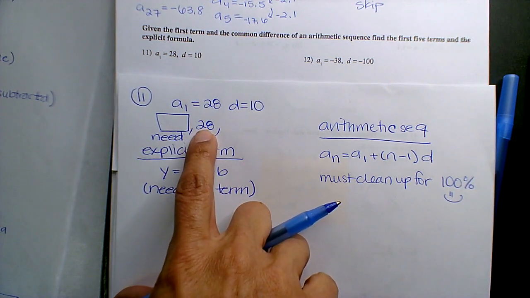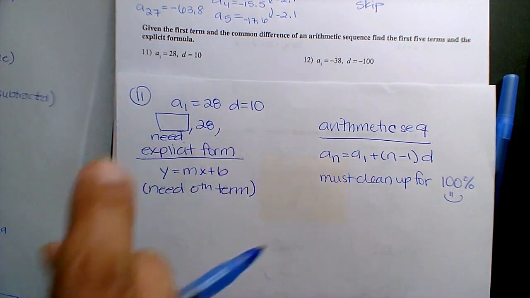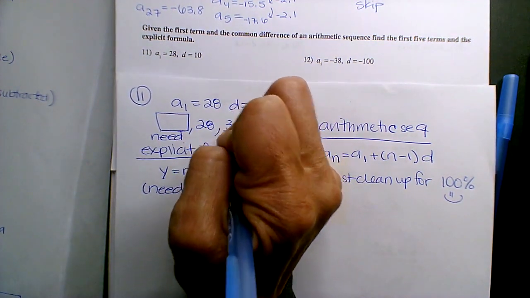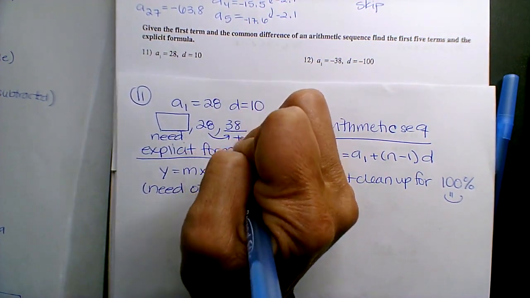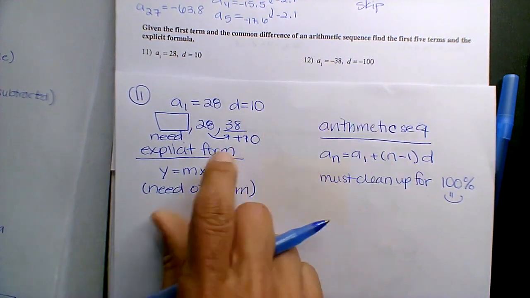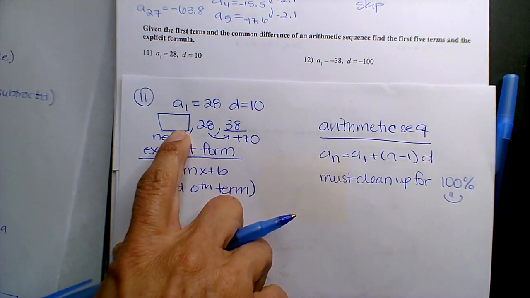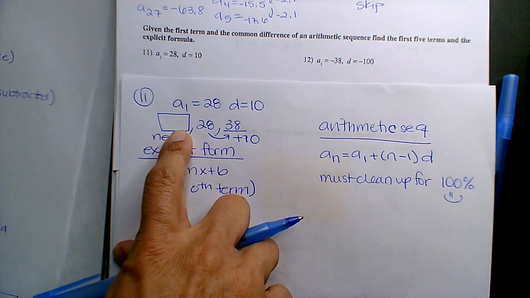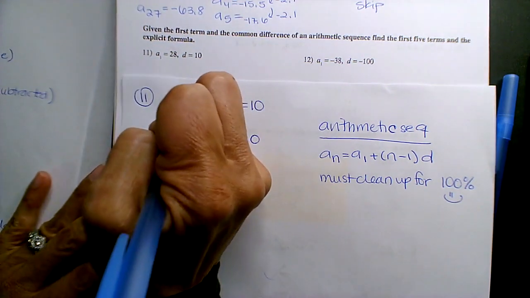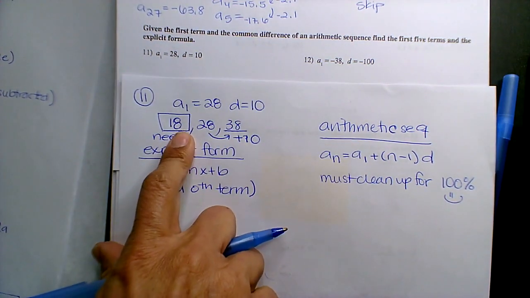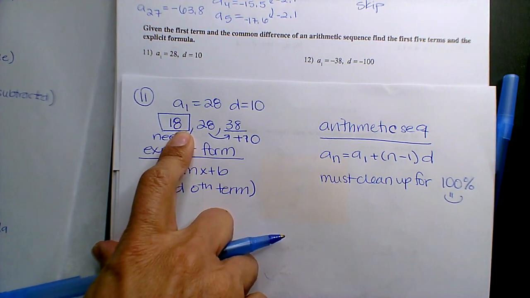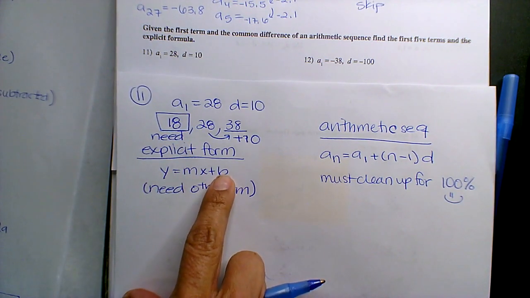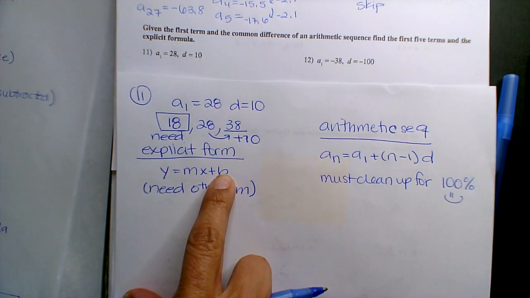So if this is 28 and it's going up by 10, here this would be 38 because I would go up 10. What would I do going backwards? Right, and so Isaiah gave me the answer. It's 18. And so that's your zeroth term, which means that is your y-intercept, that's your b.